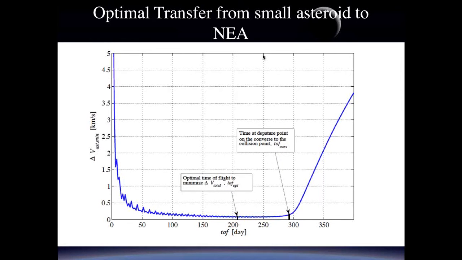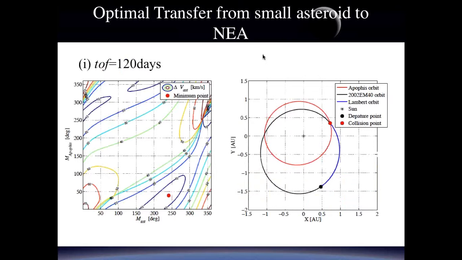This figure shows the delta V necessary for the second phase and the time of flight. The horizontal axis shows the time of flight, and the vertical axis shows the delta V for the second phase. And I will show you the contour plot for each time of flight for these 5 regions.